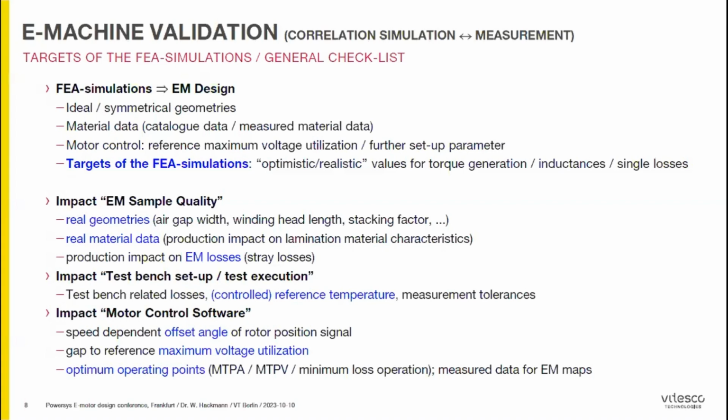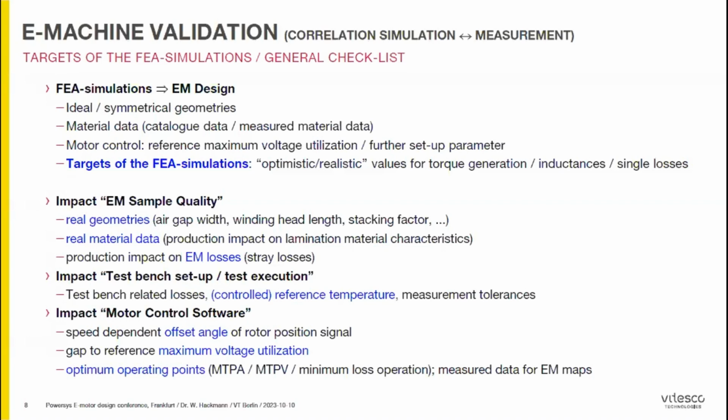To answer these questions, I have to consider different topics. At first, my FEA simulations lead to an e-machine design, and this is normally done for ideal and symmetrical geometries, for material data out of the catalog or out of measurements. The motor control has some parameters which I can describe as target parameters.